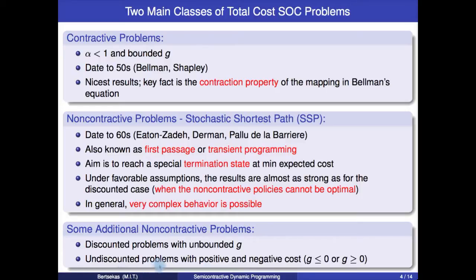There is a class of undiscounted problems that has better structure and for which some favorable results are possible, and these involve either a uniformly negative cost per stage or a uniformly positive cost per stage. We're going to touch upon some of these problems later.